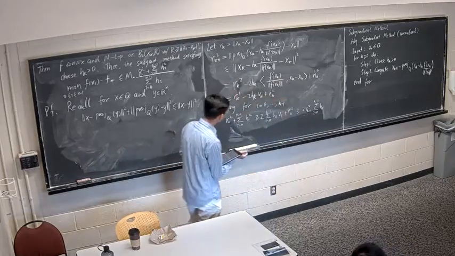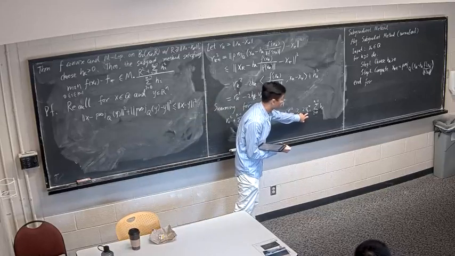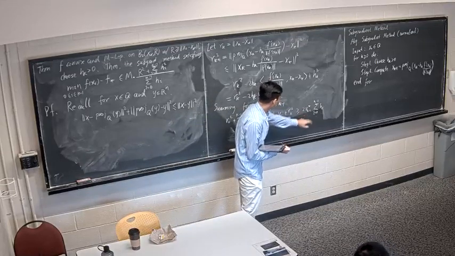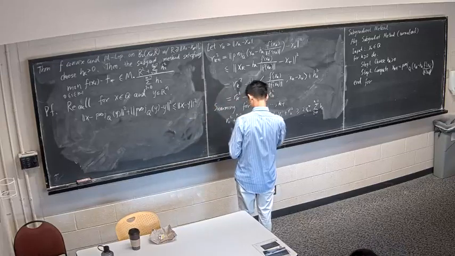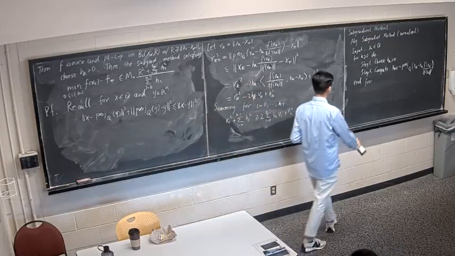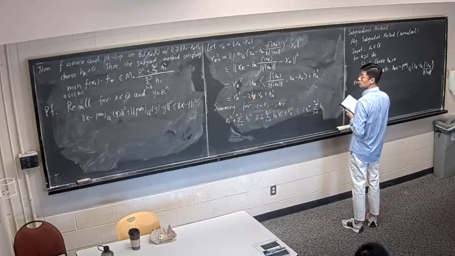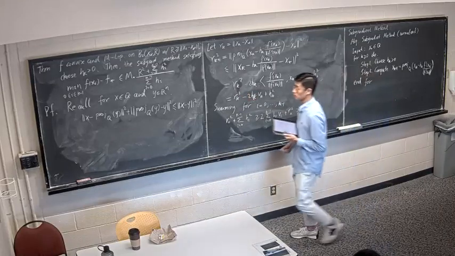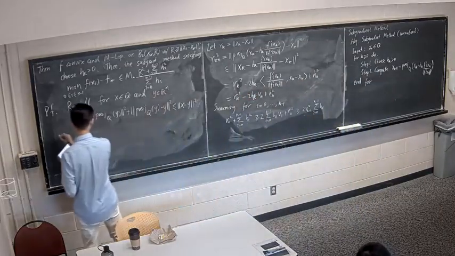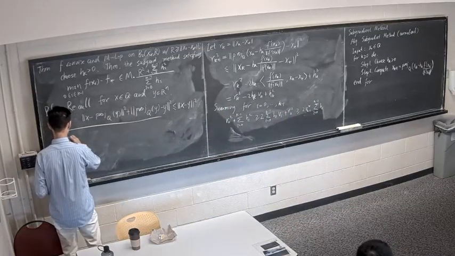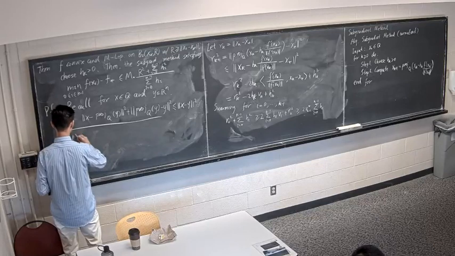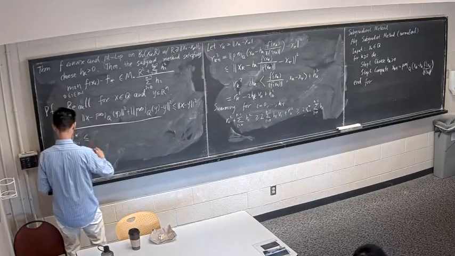Okay. Now, as you can see, we do have the vk minus 1 star showing up here. So now we have vk minus 1 star less than or equal to this.